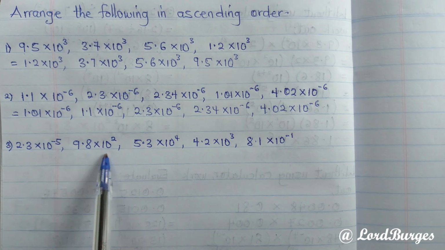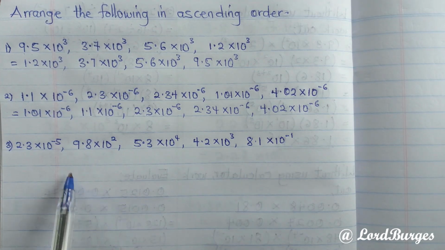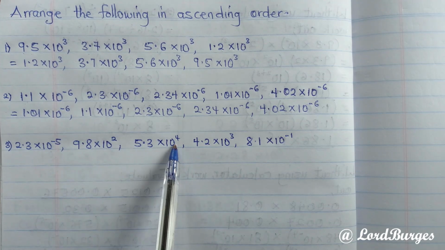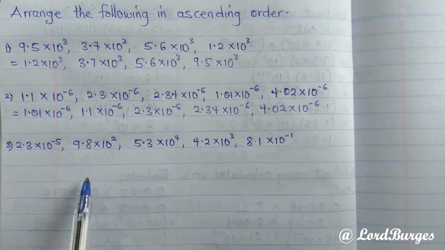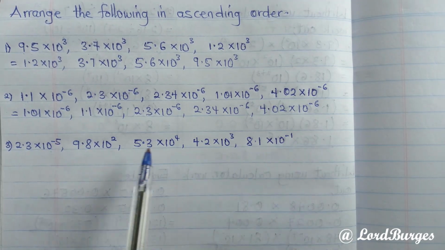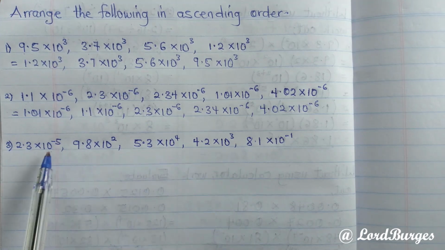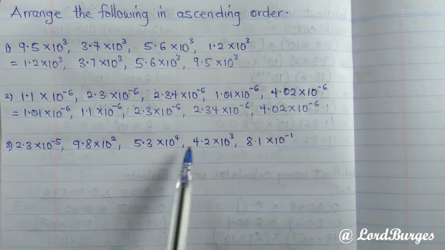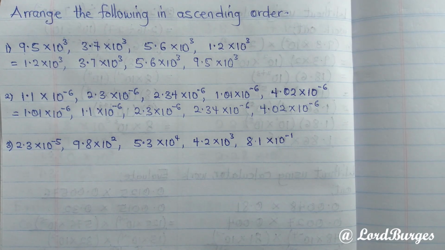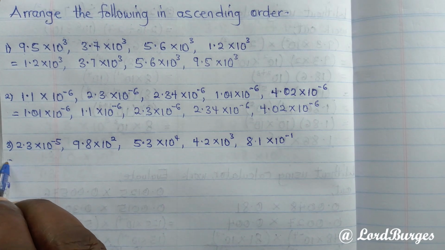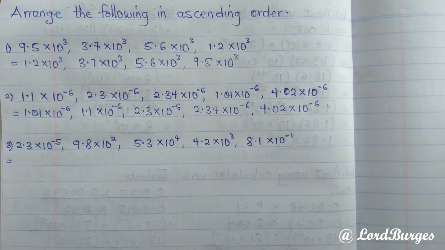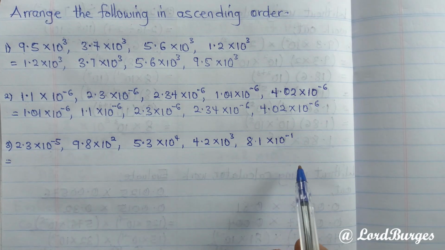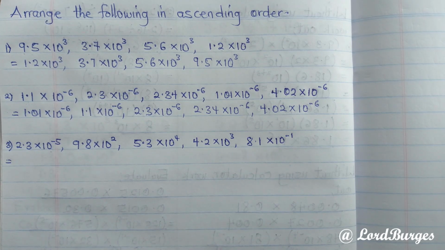Example 3 is quite different, because looking at the powers, they are not the same. Some are negatives, others are positives, and they are all different. So when you have anything like this, what you need to do is to change the standard form to the ordinary form.